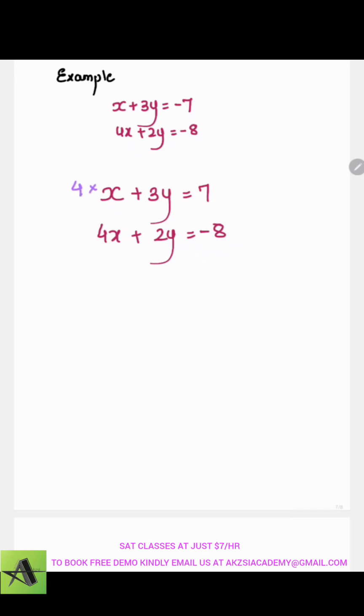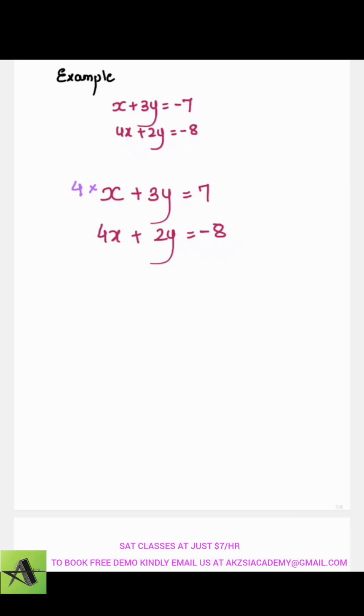Easy? But in mathematics, you cannot add, subtract, or multiply anything on your own. You have to maintain a balance. So if you are multiplying by 4 to one term, you are supposed to multiply 4 to every term of this equation in order to maintain a balance.